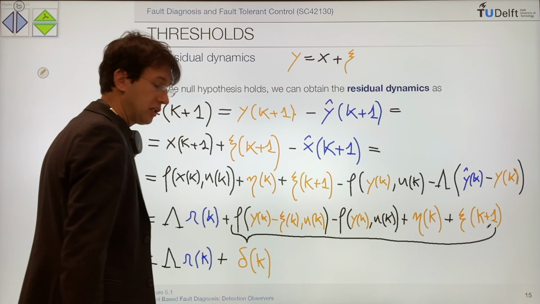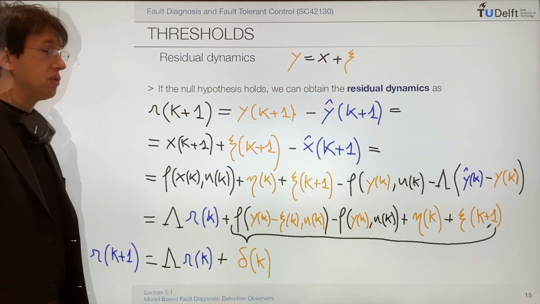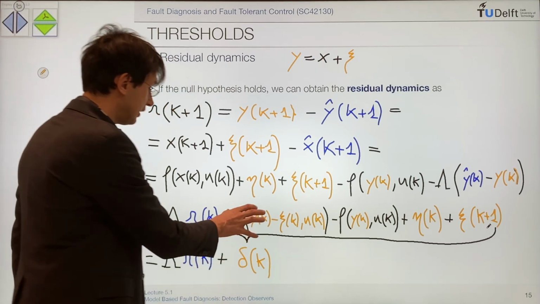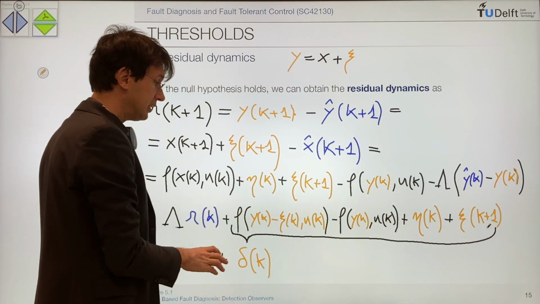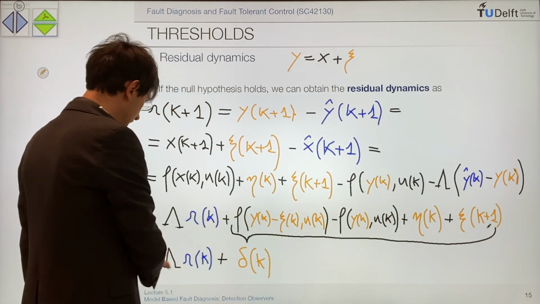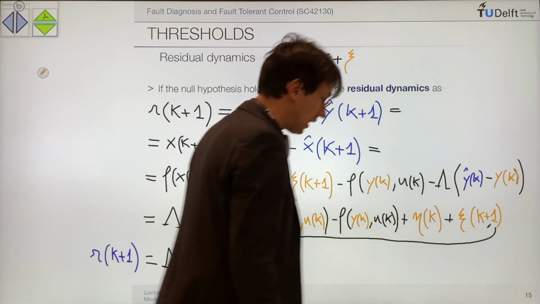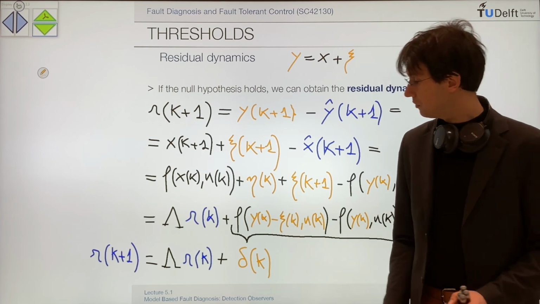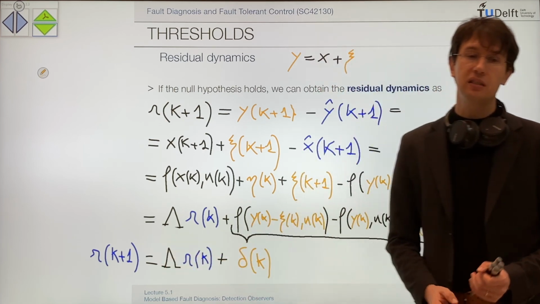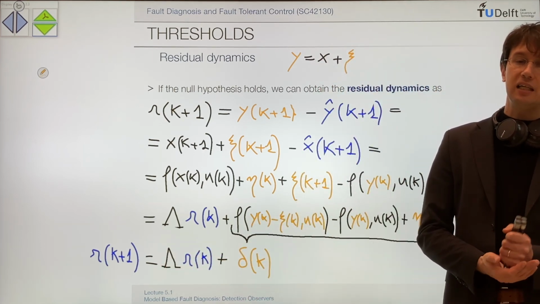F is a bounded function. I don't know if I mentioned that. F also should be assumed to be bounded. Then all the things that you have here are bounded. So under the assumptions that we have, we can prove that our residual solution is bounded. And that's great, because then we can compute that upper bound, and then we have a threshold.